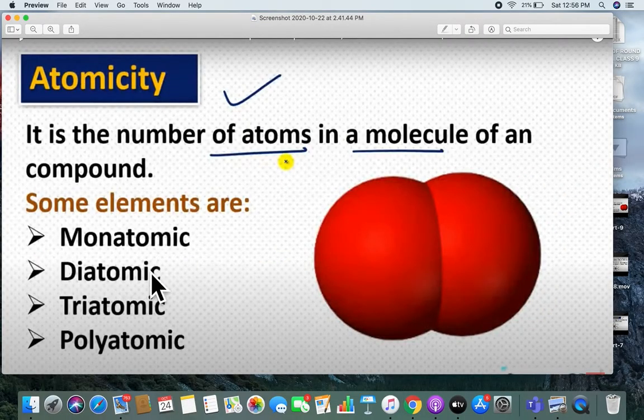O3 is triatomic, O2, H2 diatomic, and helium, argon are monoatomic, which exist independently. And if more than 3 atoms are combining, we can say polyatomic. For example, P4, phosphorus exists as P4, and sulfur exists with 8 atoms, S8.